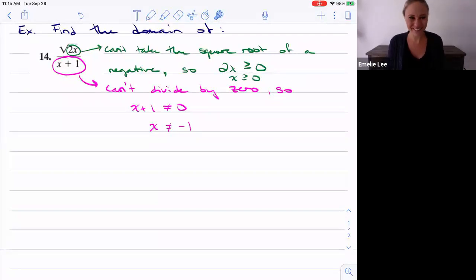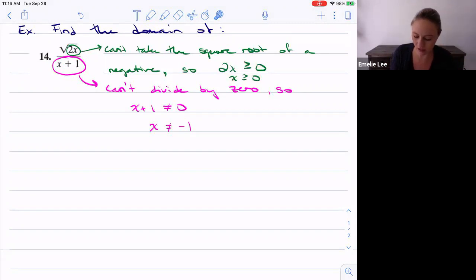So here, I have a condition that x has to be greater than or equal to 0, but I also have a condition that x can't be -1, right? So in order to find the combined domain, the overall domain of this thing, what I do is I figure out what the overlap is, and the overall domain is that overlap in the individual domains.